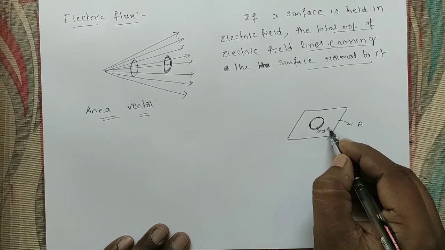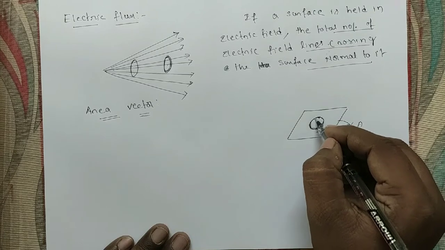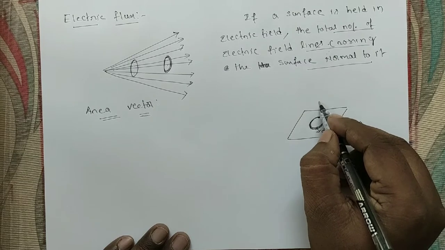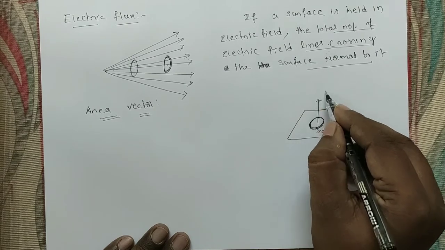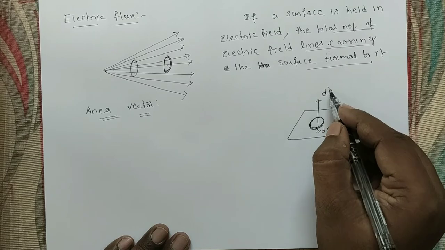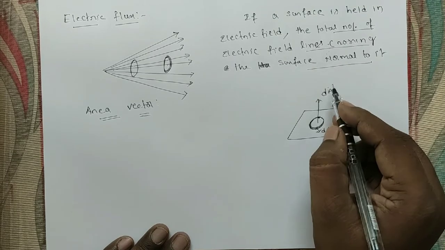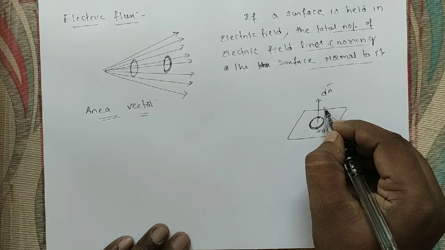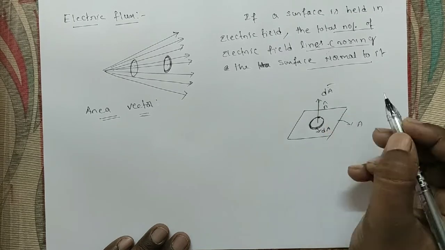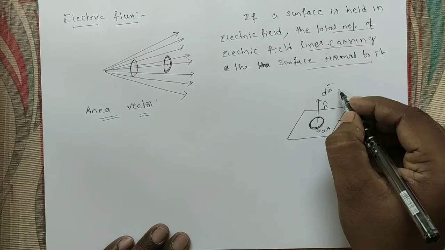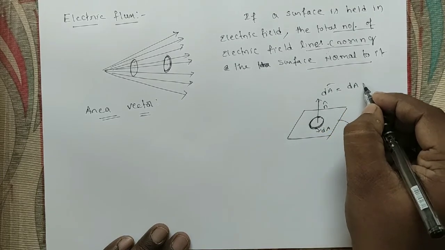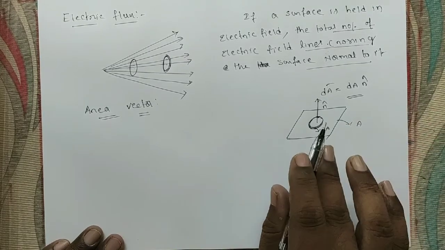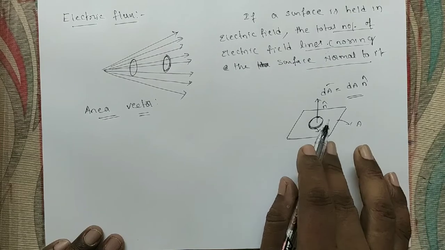The direction of this vector dA is normal to the surface, so this is the dA bar direction. You can represent this with a unit normal vector n cap, and then dA bar can be written as dA n cap.